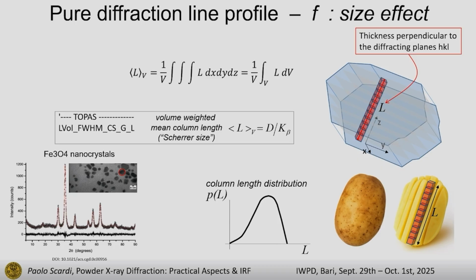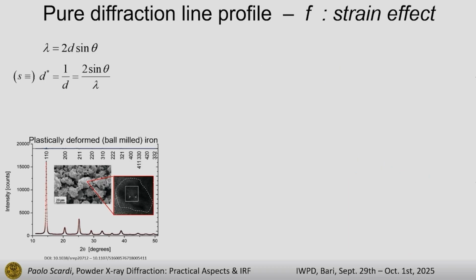No way. Now, let's talk about strain effects, which is also a very complex issue because the information on strain from diffraction is very deep. Now, let's start with a uniform strain. What happens if you take a piece of steel, for example, and you pull it? Of course, you increase atomic distances in the direction you pull it, no?